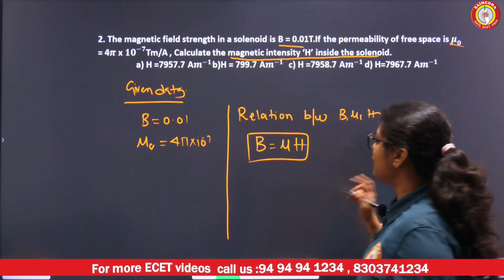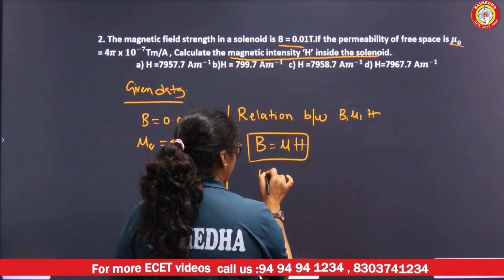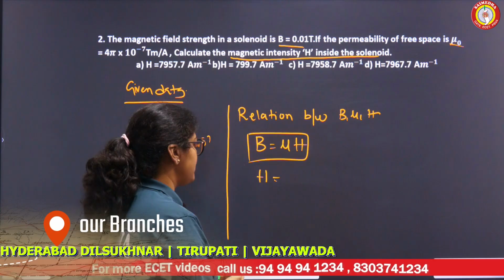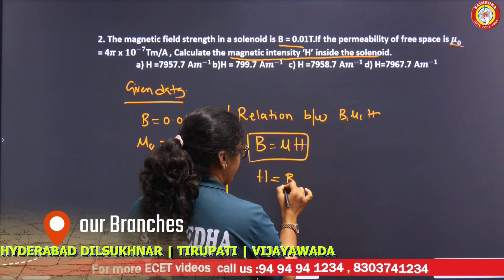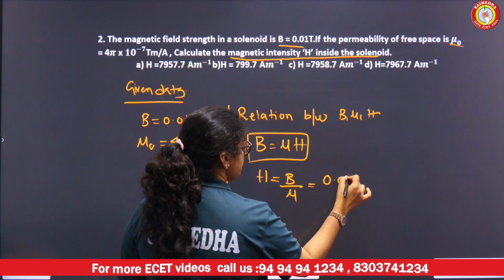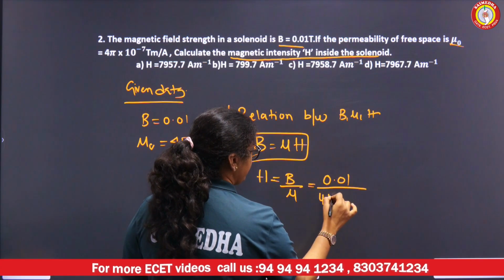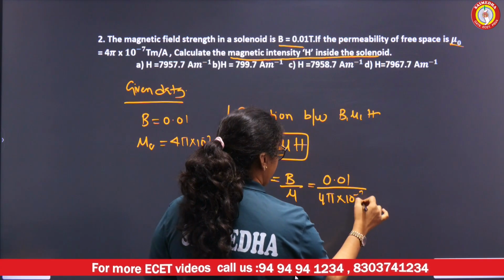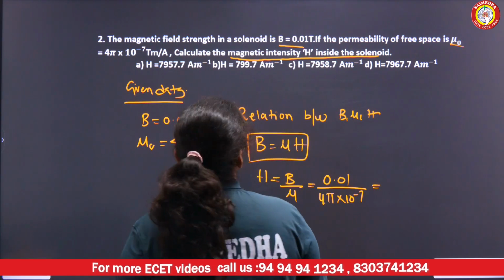Clear? But మనం ఏం ఫైండ్ అవుట్ చేయాలి? We have to find the value of H. సో మనం రీఅరేంజ్ చేసుకుందాము. If you rearrange, we will get B by mu. So what is the value of B? 0.01 by 4 pi into 10 power minus 7.